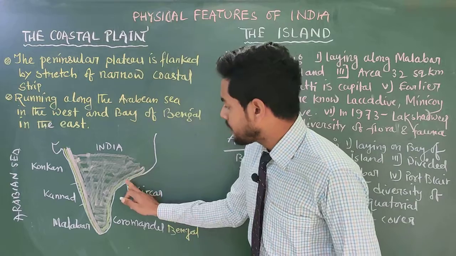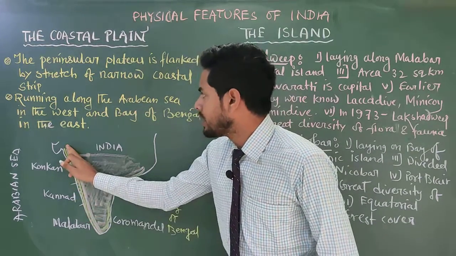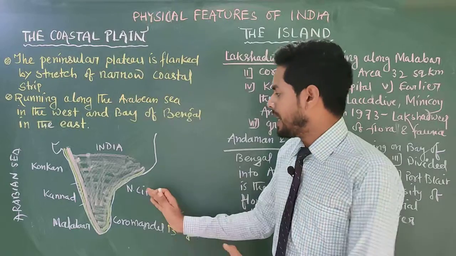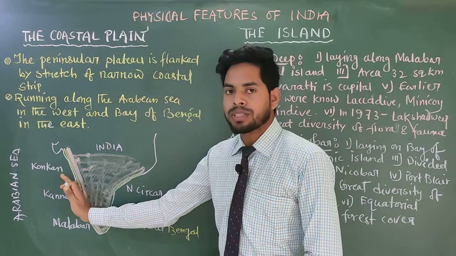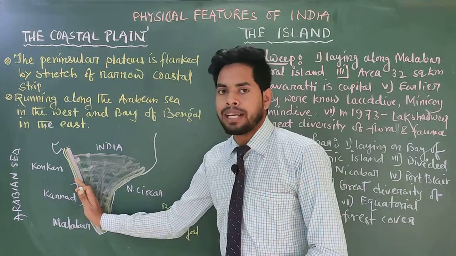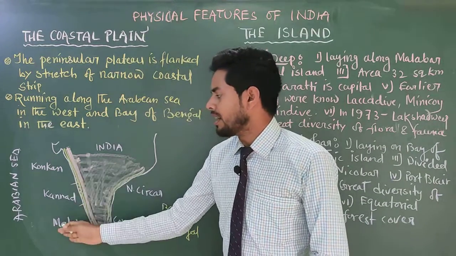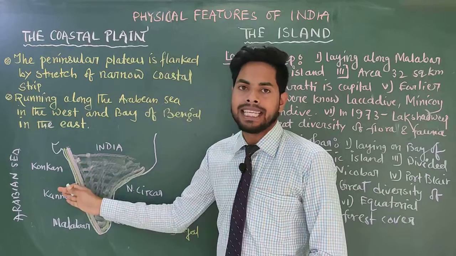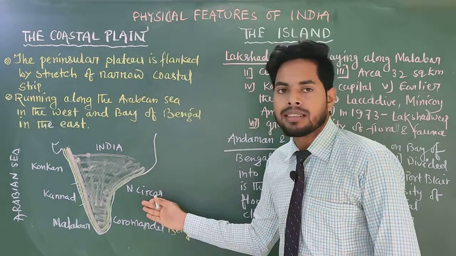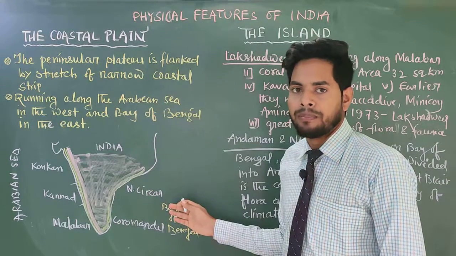That is known as the coastal plain of India. It is divided into two parts, the western coastal plain and the eastern coastal plain. The western coastal plain lies along the Arabian Sea and the eastern coastal plain lies along the Bay of Bengal.